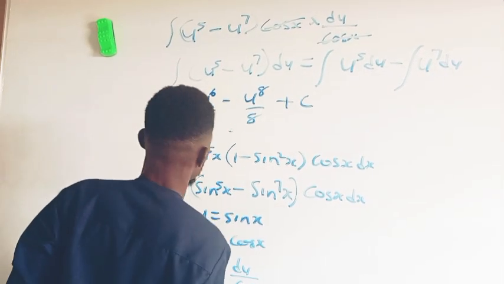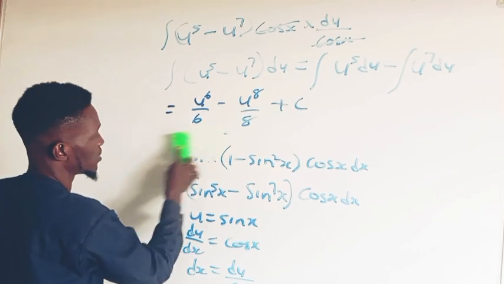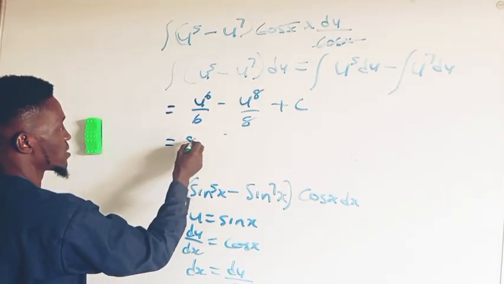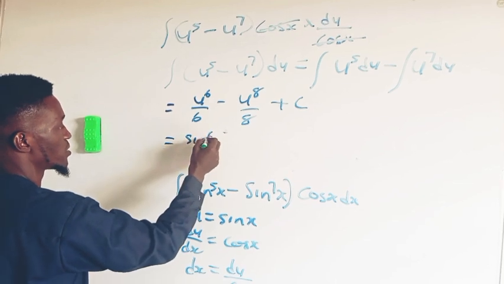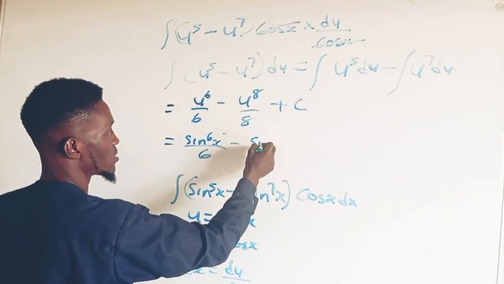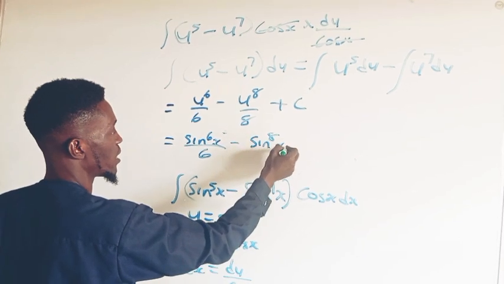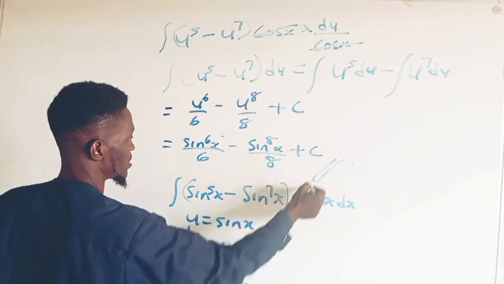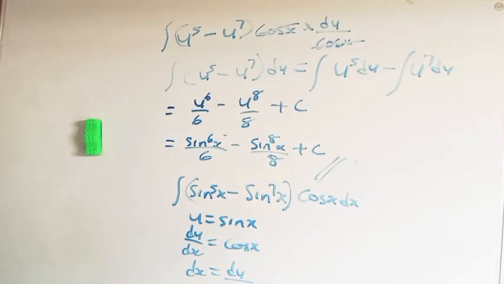Sine x. So you're going to have sine to the 6 x over 6 minus sine to the 8 x over 8 plus c. So this is our final answer to the question.